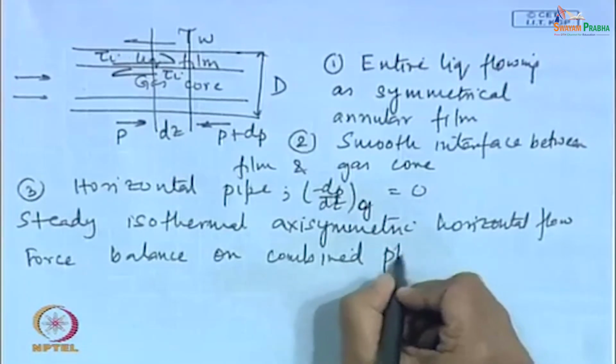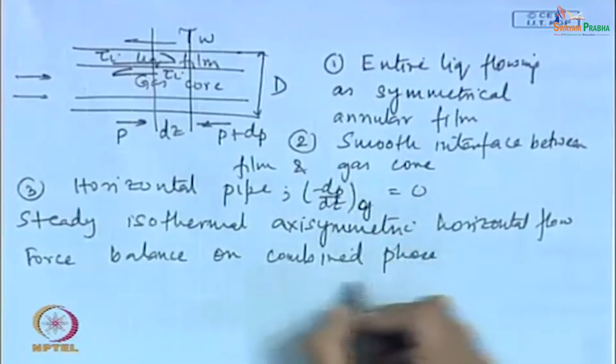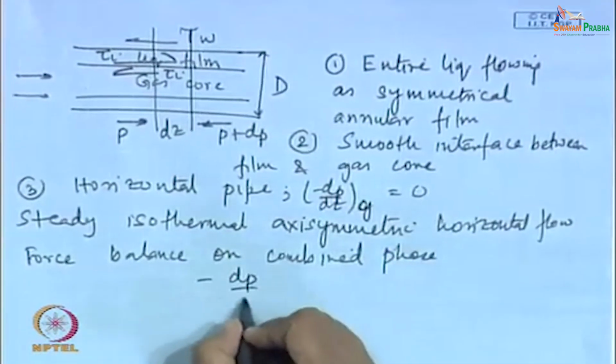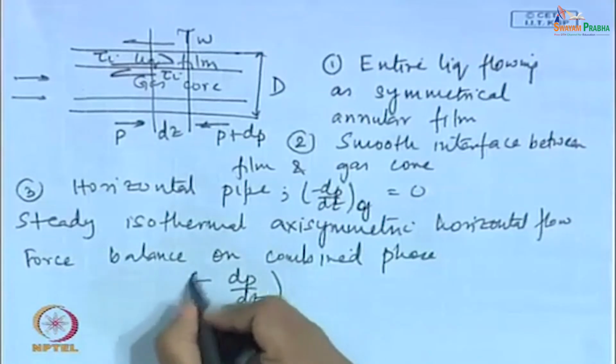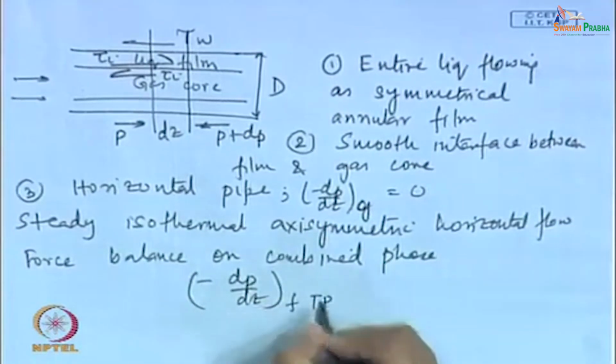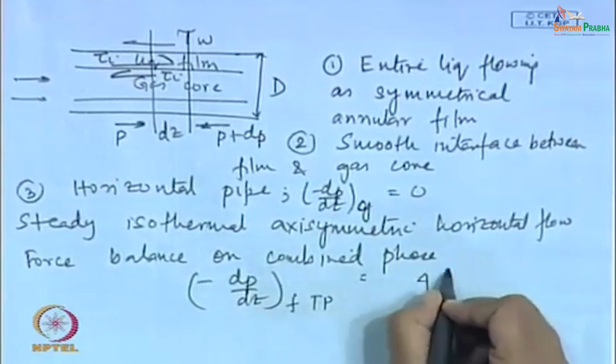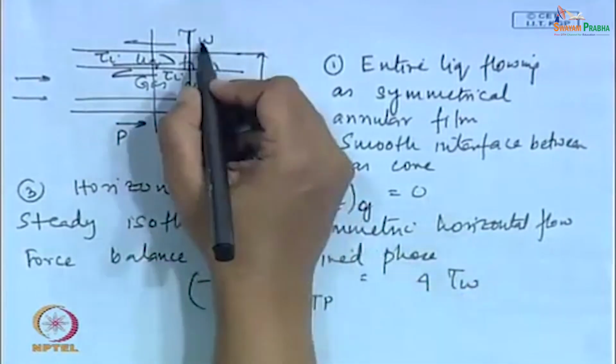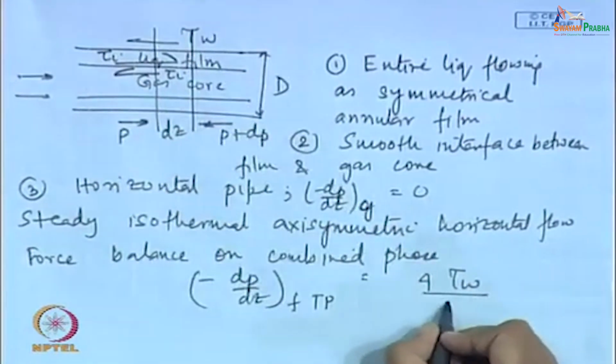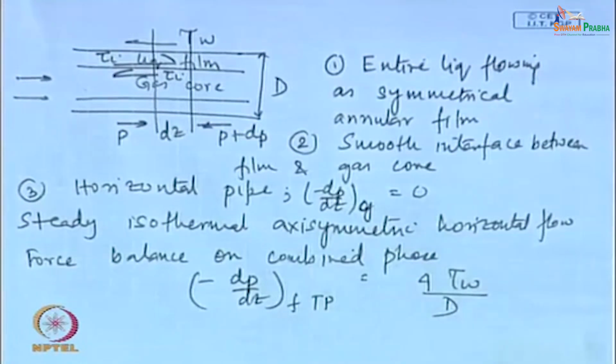What will we get here? We will get minus dP/dz frictional two phase, which is simply 4 tau w divided by d. Yes or no? Agree? We have always been doing it.